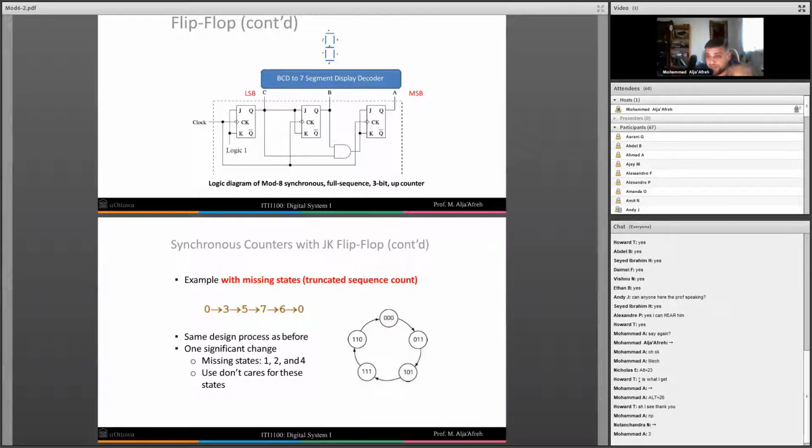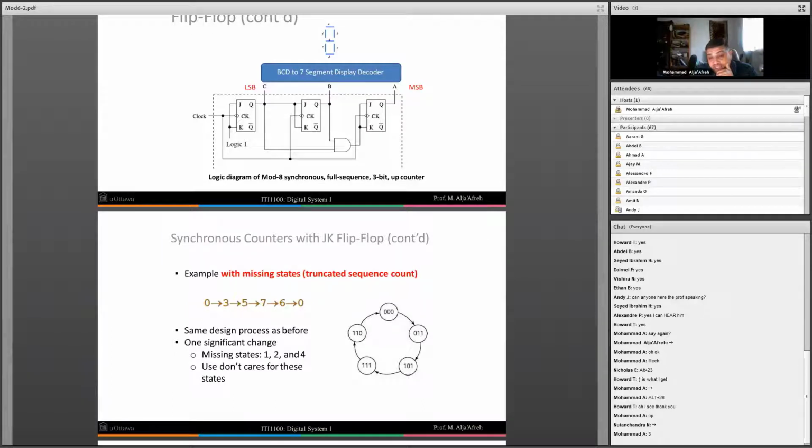So the first step is to write the state diagram. Look at the maximum number that you have. The maximum number that I have is 7. I need 3 bits to encode 7, and that's why I'm going to stick with 3 bits.